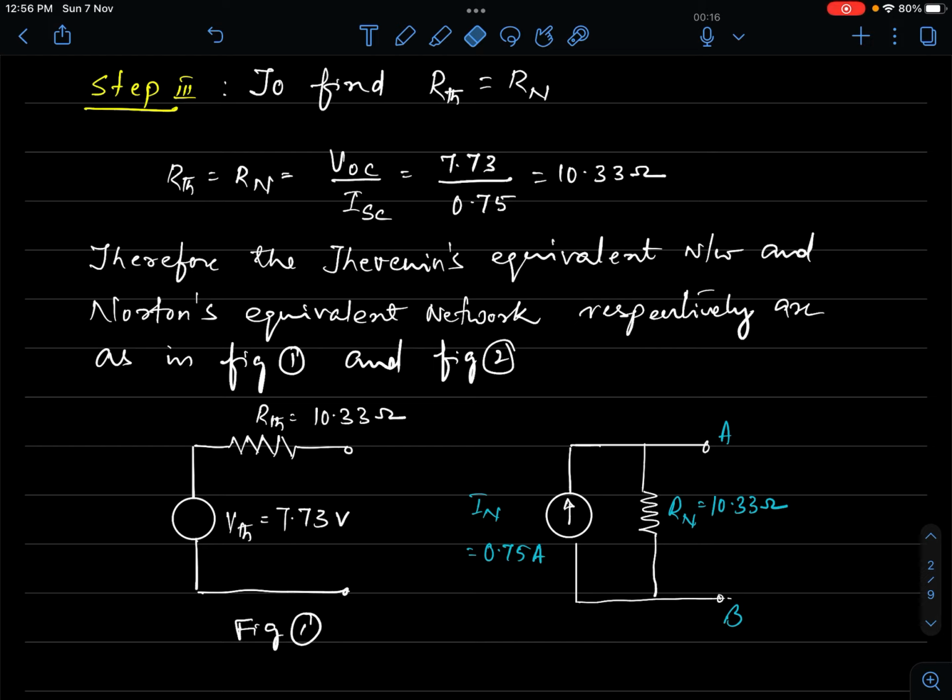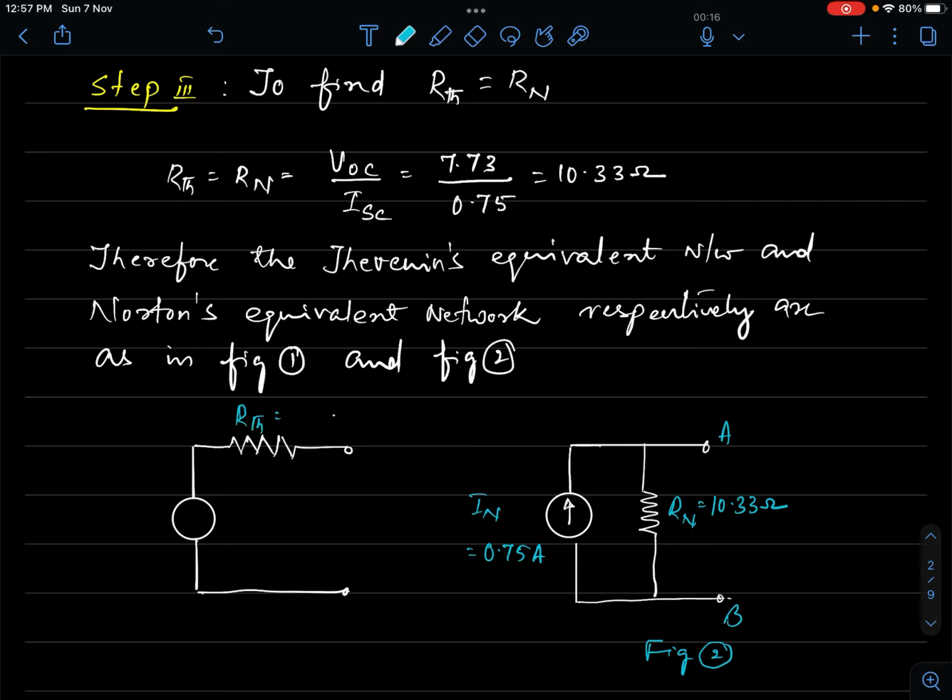And this is my figure 2. Okay, so figure 1 and figure 2 respectively represent the Thevenin's and Norton's sources, just to make it colorful.